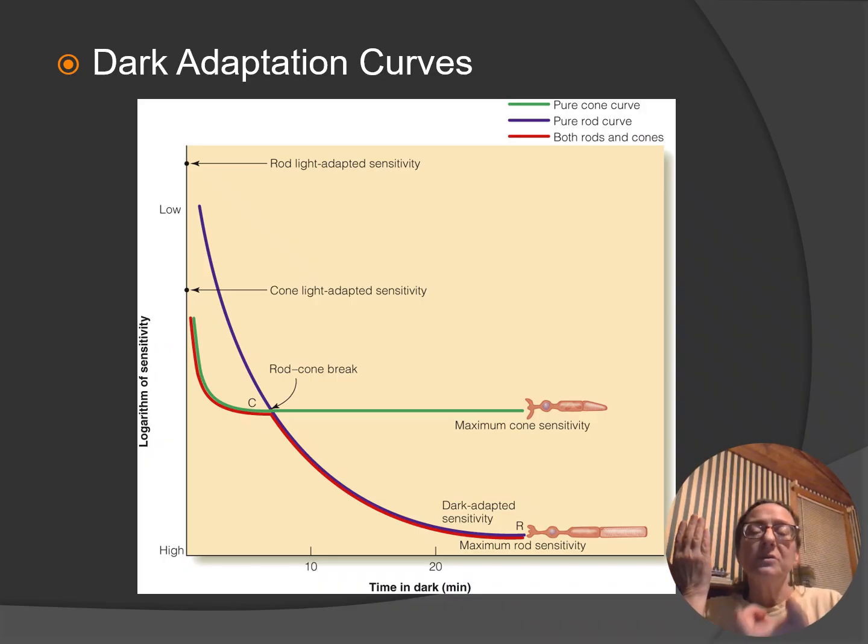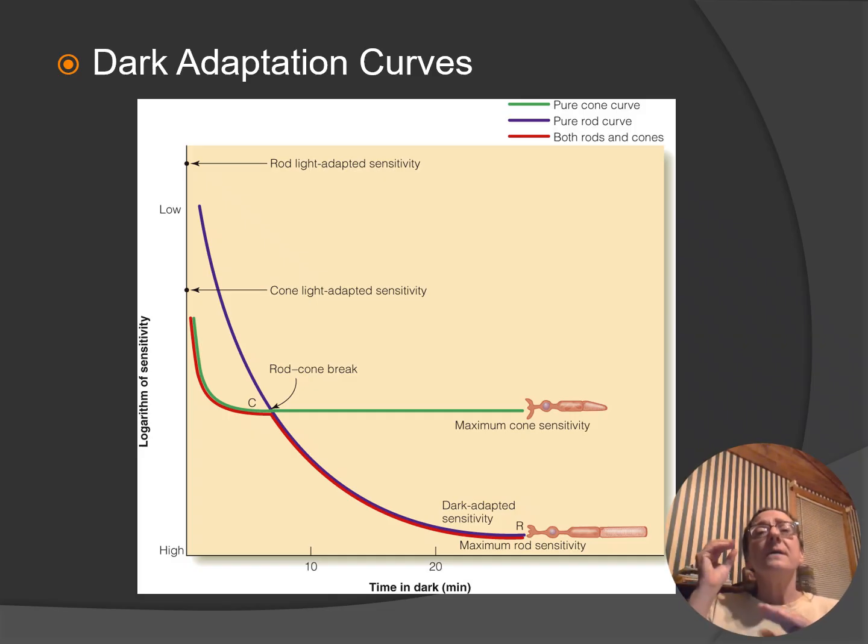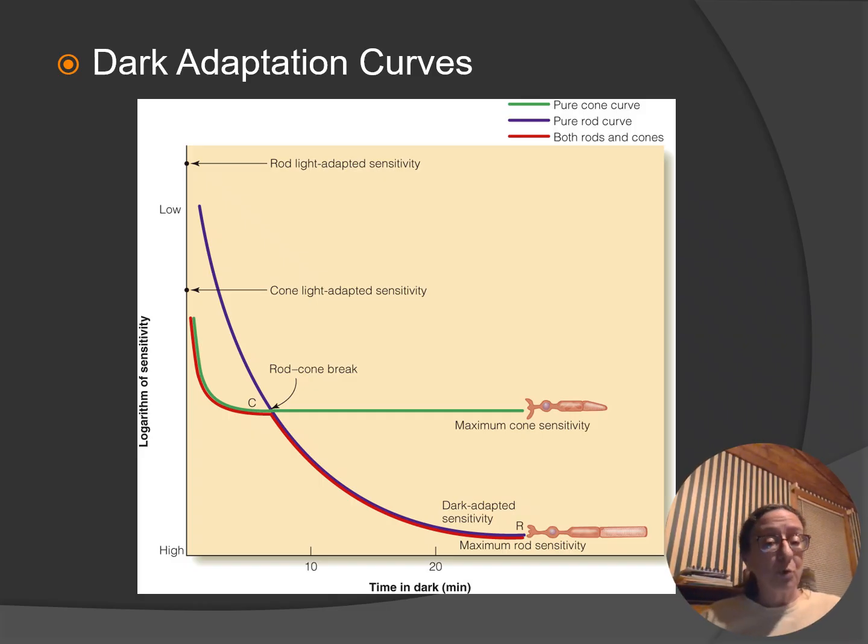The cones are still giving us the dark adaptation for that little bit of time. Then when the cones reach their plateau, as in, this is as good as I get with the cones, the rods continue to regenerate, and they give us the red and purple part of that line, where we get more and more sensitive.